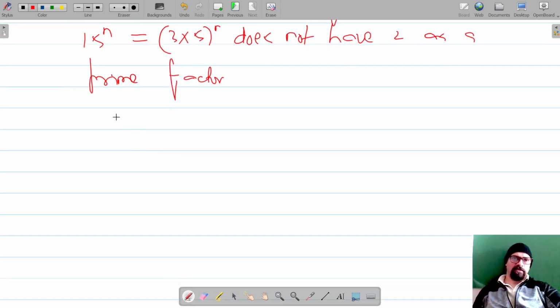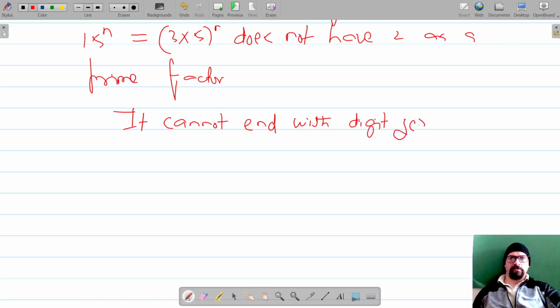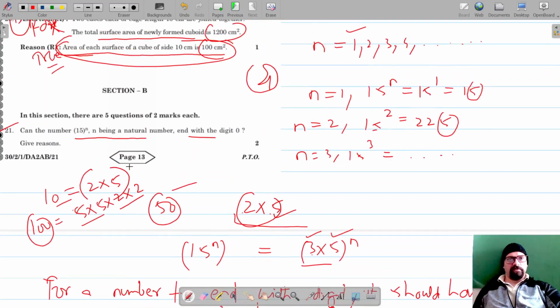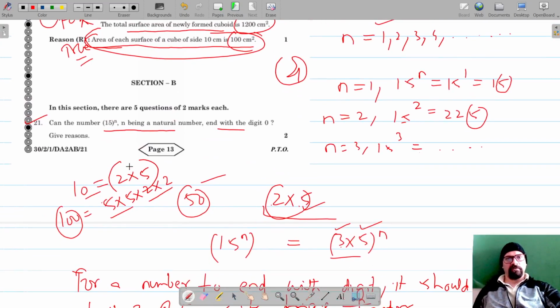So I can write that 15 raised power n cannot end with digit 0. Okay, so this solves our question number 21 of section B.